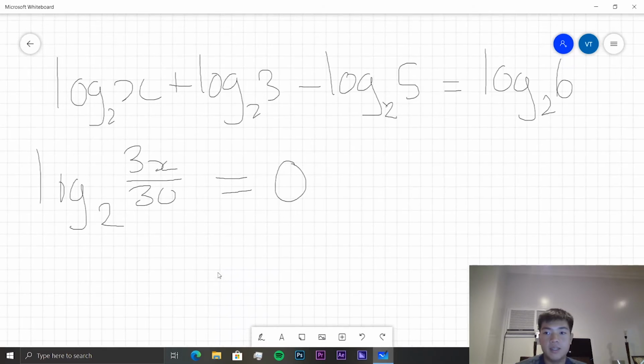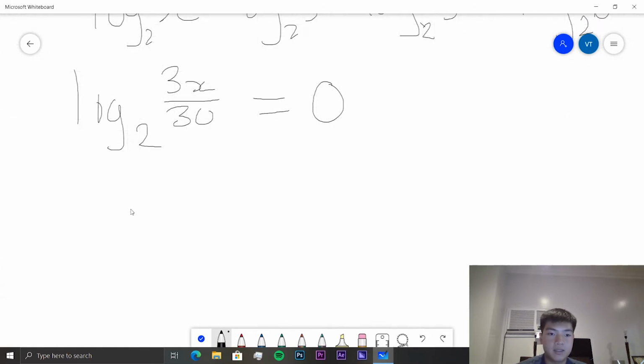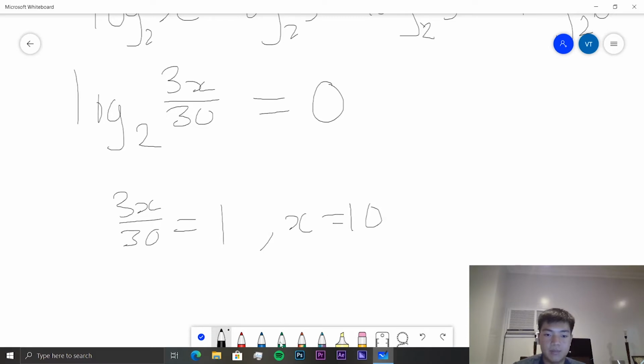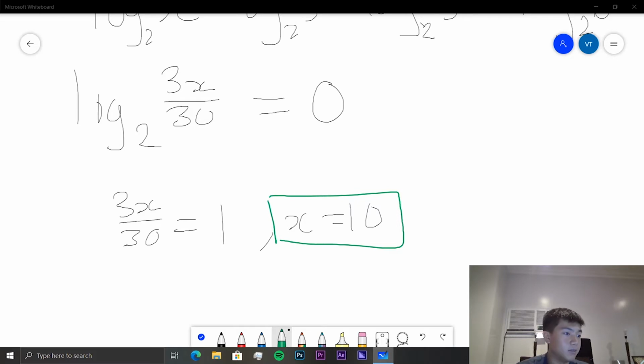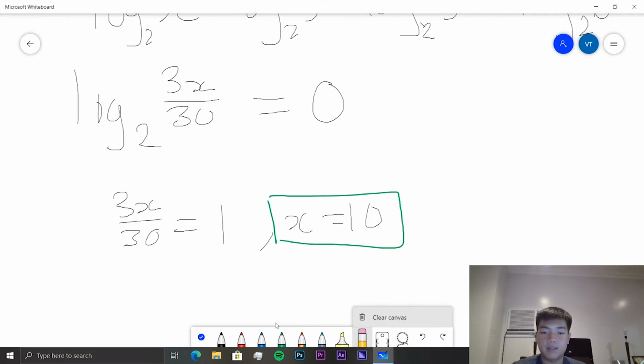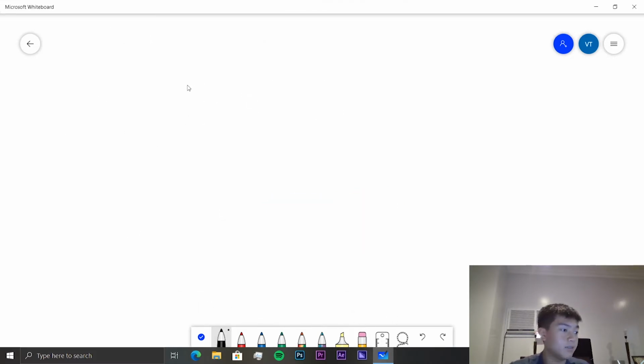So in other words, 3x over 30 needs to equal 1, so x must equal 10. Because 2 to the 0 must equal 3x over 30. Yeah, that's correct.